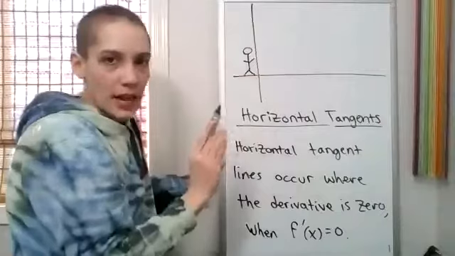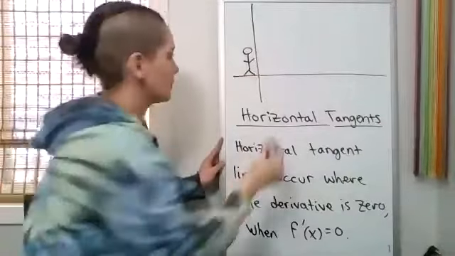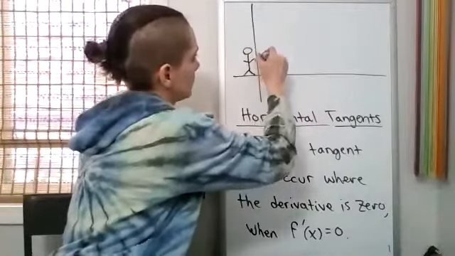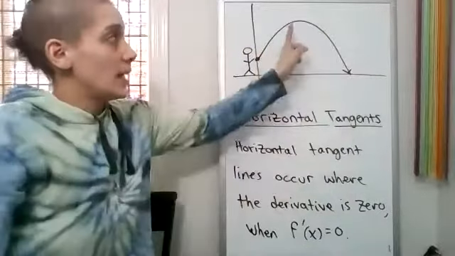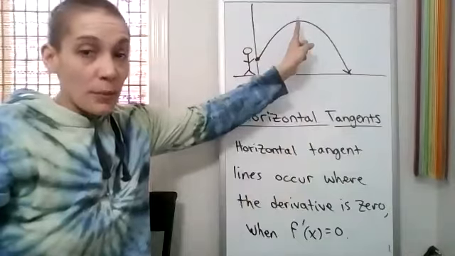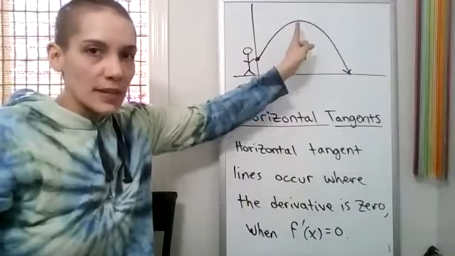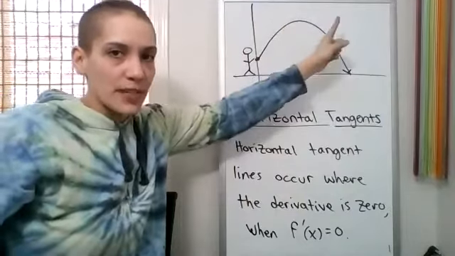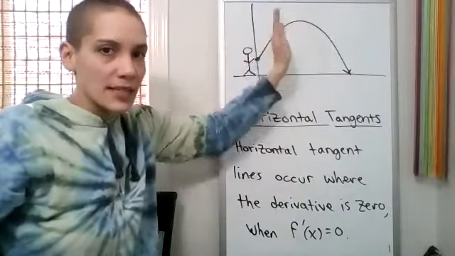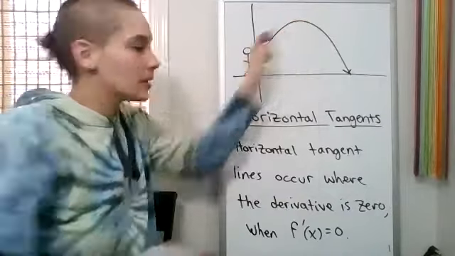Let's say they have a rock and they throw it, and you're trying to solve the problem. A useful part is right here: when the tangent line is flat, when f prime of x equals 0, you've reached the highest the object can go.